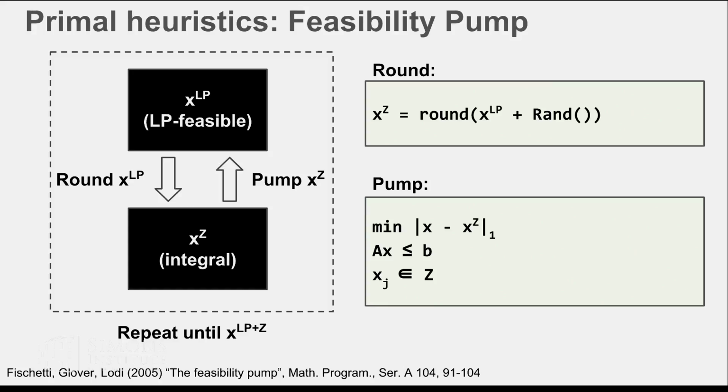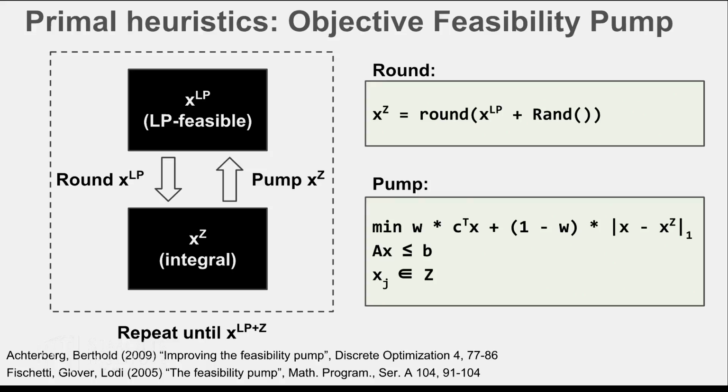You repeat this, and at some point this series of LP feasible points and integral points will converge, and you will have a MIP feasible point. There is also a slight nuance to the method, which was proposed recently. You can also have a different objective where you weight in the original objective and hope that you will steer the method a bit towards high quality solutions.